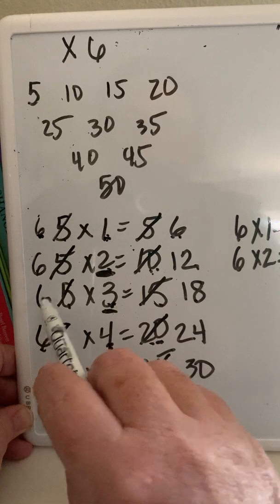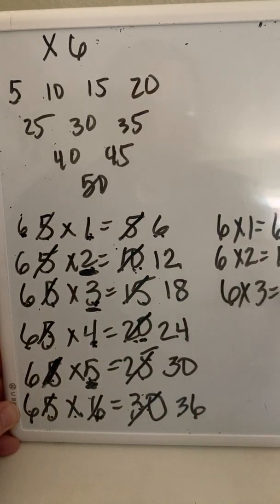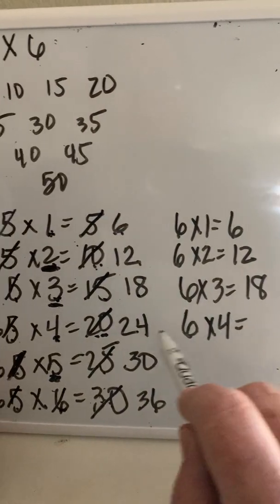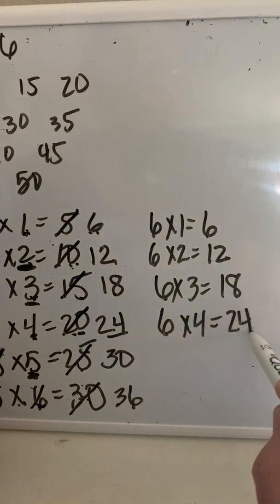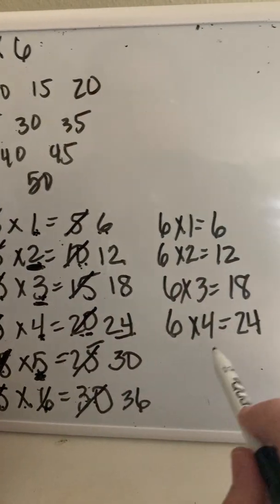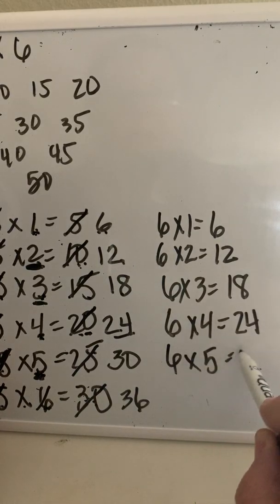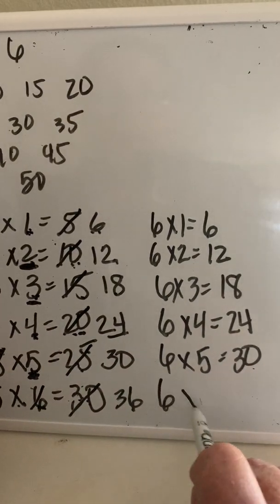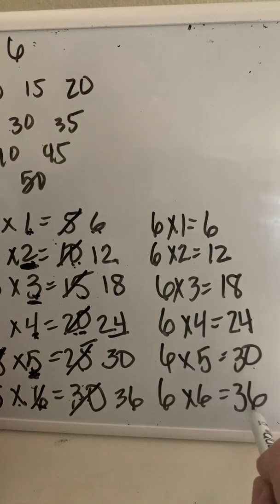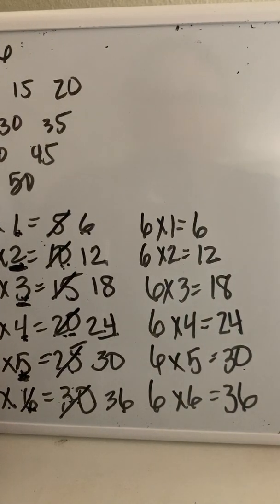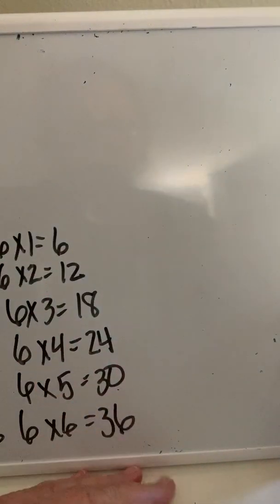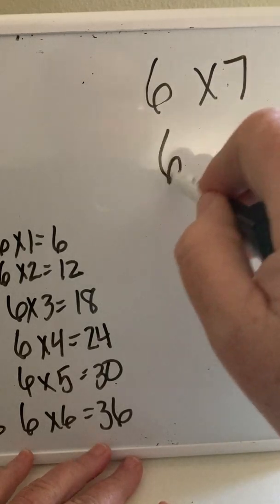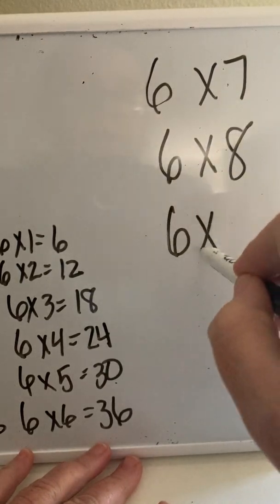What do we see over here? 6 times 3, 18. 6 times 4, 24. 6 times 5, 30. 6 times 6, 36. Are you seeing it? Let's squeeze in a couple more before I end my video. 6 times 7, 6 times 8, 6 times 9.